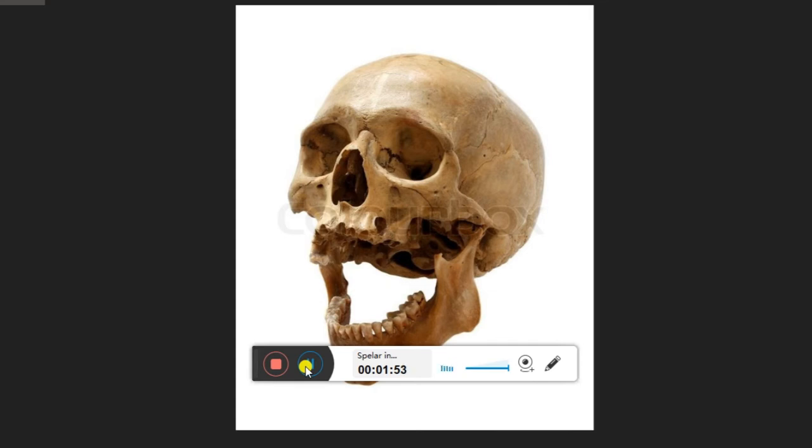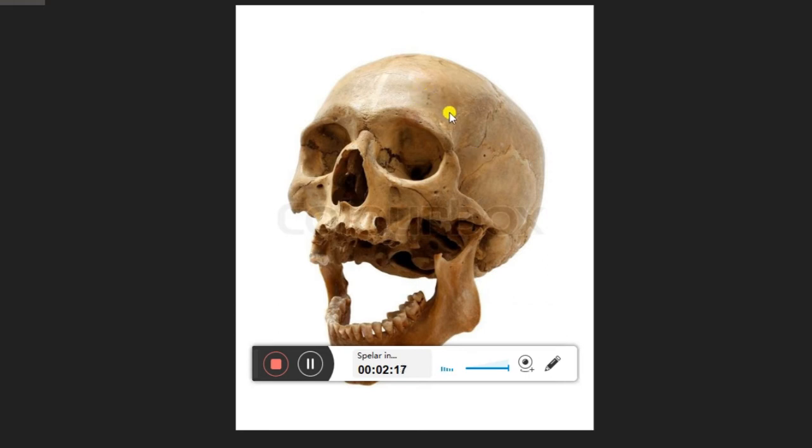Now children, if you remember the previous video, you might have noticed this diagram, which shows the skull part. The skull has two types of joints, one immovable and another movable.